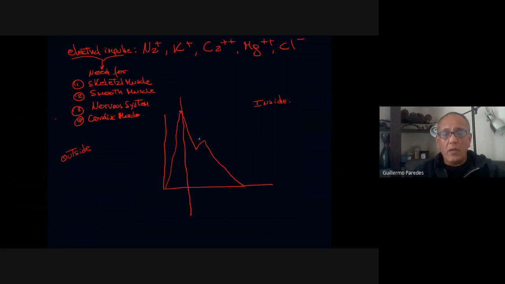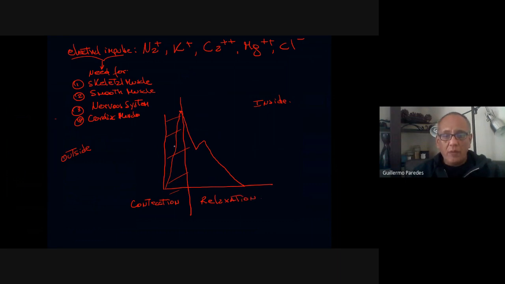Number one, this portion is what is happening when the contraction is going to occur. Contraction of the muscle. And here is going to be the relaxation of the muscle.